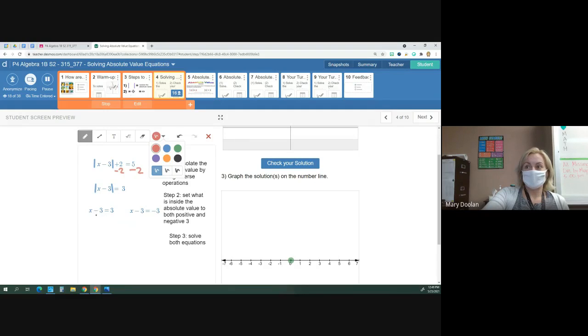The x is over here, so I want to add 3 and add 3, which then leaves me with just x equals 6. Negative 3 plus 3 is 0, but 3 plus 3 is 6.